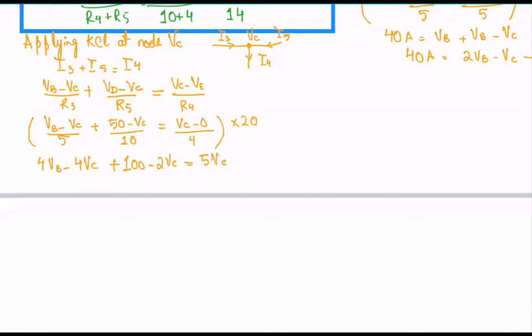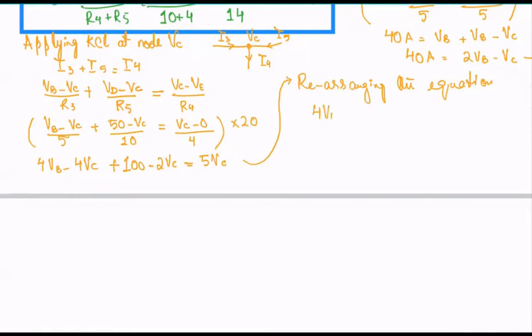Rearranging, I get 4VB minus 4VC minus 2VC, and then if I bring this 5VC to the left hand side, that would be minus 11VC, equals, and if I move this 100 to the right hand side of the equation, it will have a negative sign, negative 100. And this is my equation 2.